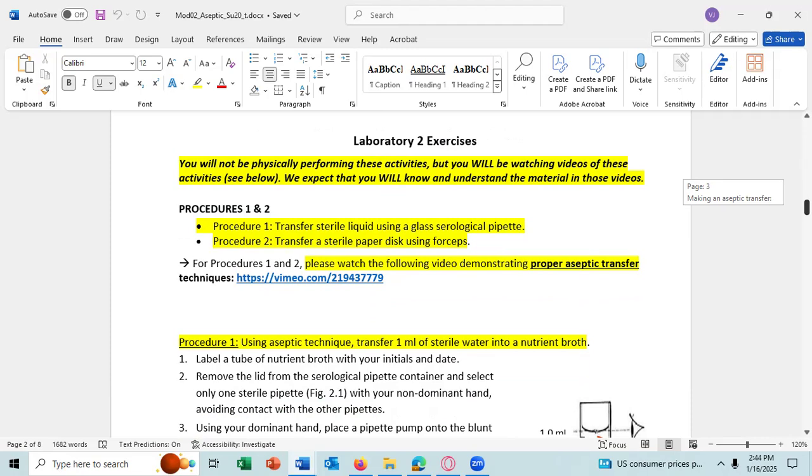In procedure one, you're going to be using a glass pipette to transfer a sterile liquid into a liquid tube. So watch the following link demonstrating the proper aseptic transfer technique to use. So click that link there.